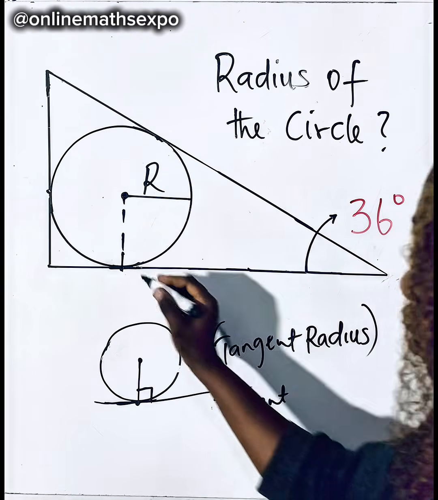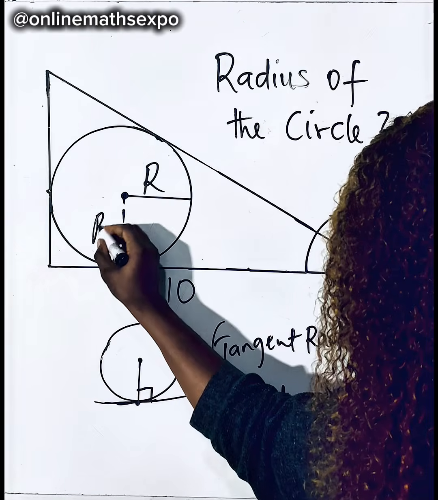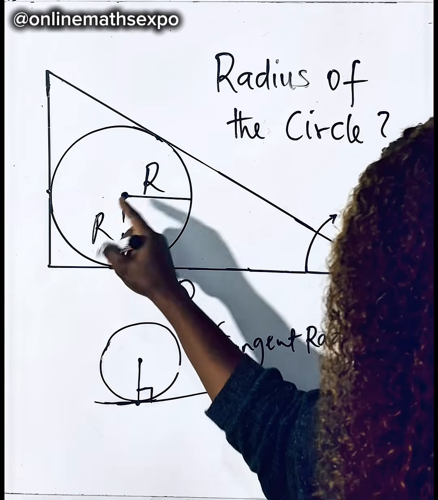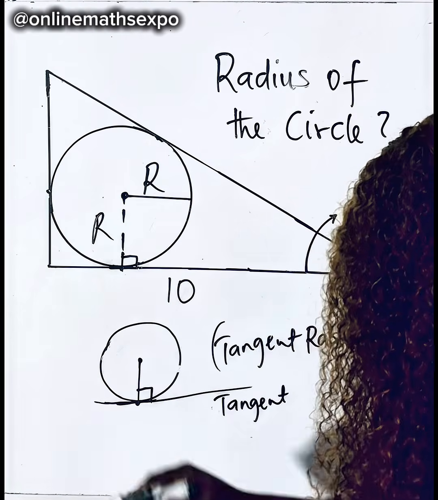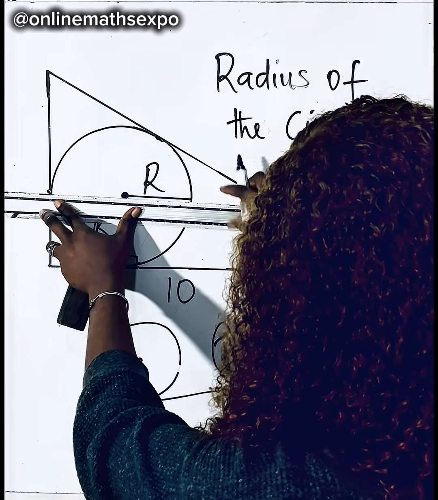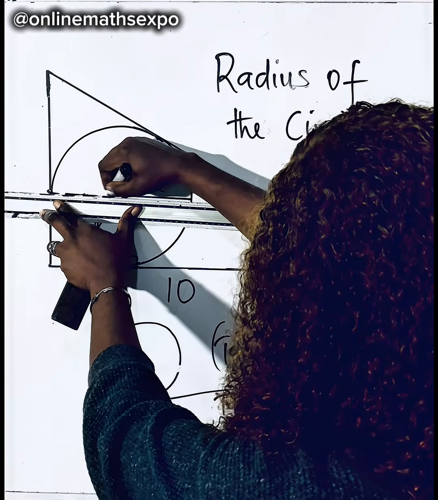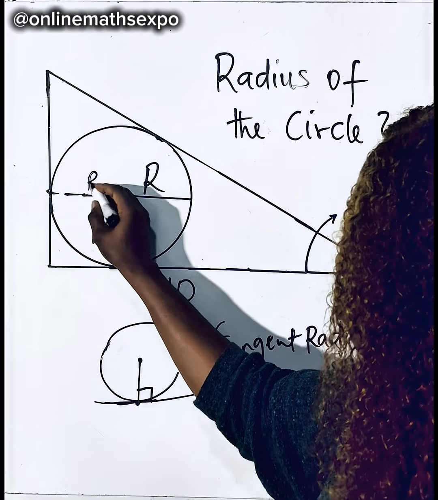Obeying this theorem, it is right angles at this point, and this is also our r. So what do we think we should do next? You also observe that you can extend from here to touch this part. So if you do that, this is what you have. From here to here is also the radius.